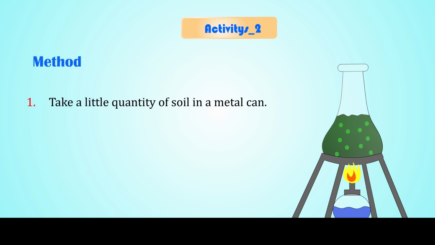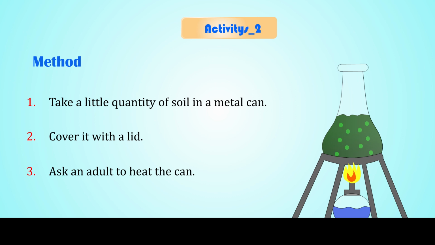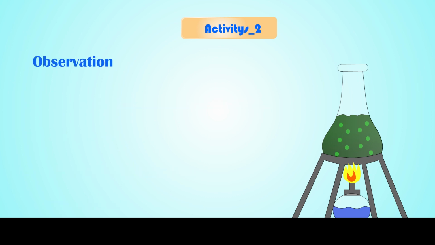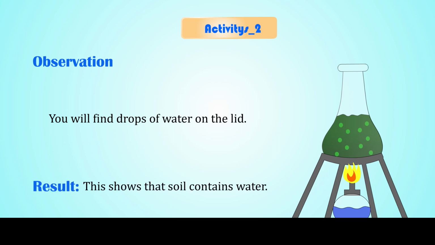Take a little quantity of soil in a metal can. 2. Cover it with lid. 3. Ask an adult to heat the can. 4. Take off the lid. Observation: you will find drops of water on the lid. Result: this shows that soil contains water.